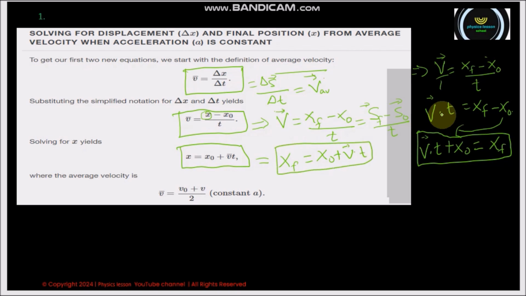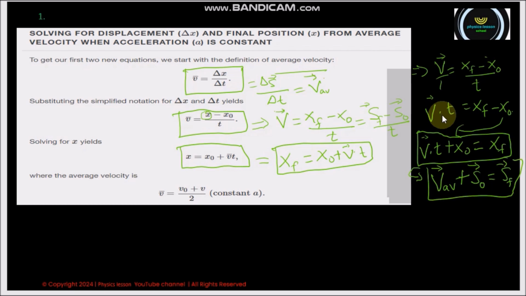We can write it like this, or sometimes they put x naught, the initial displacement, plus V average times t, equal to the final displacement. These equations are the same.